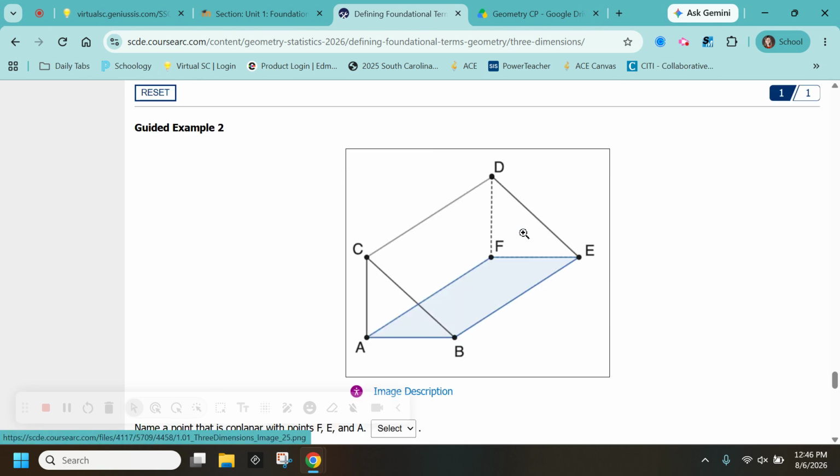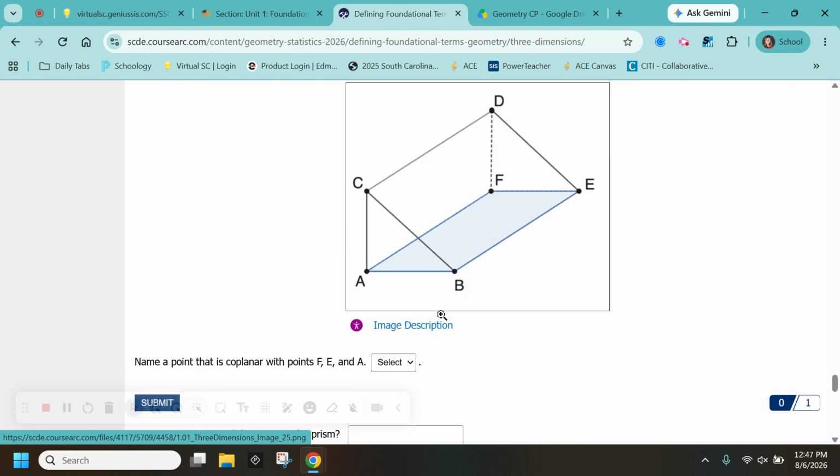In guided example 2, we have what we call a triangular prism. Notice that there are rectangles, but a rectangular prism has all rectangles. A triangular prism has triangles.